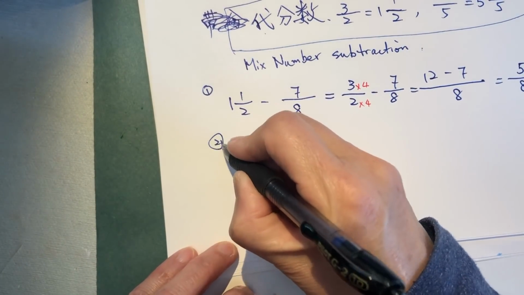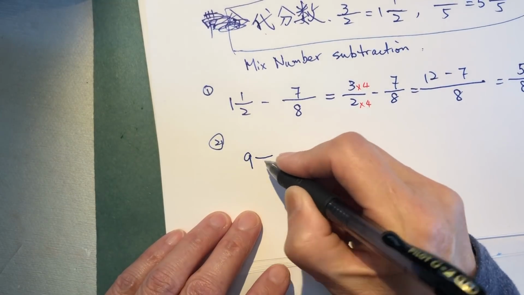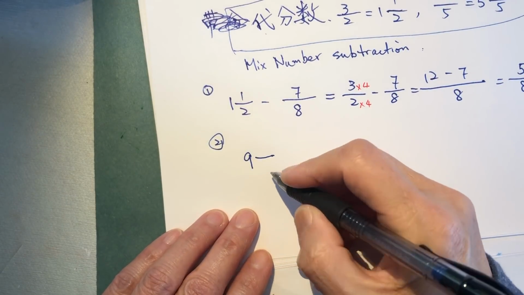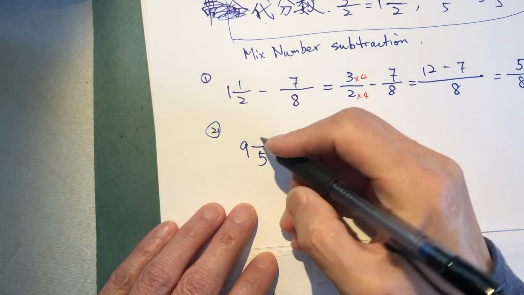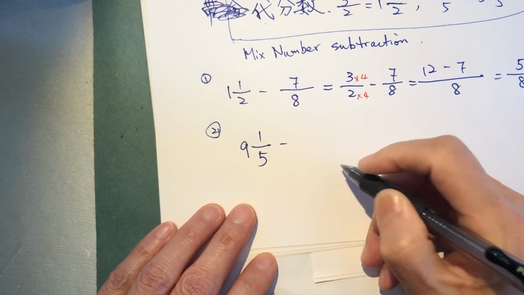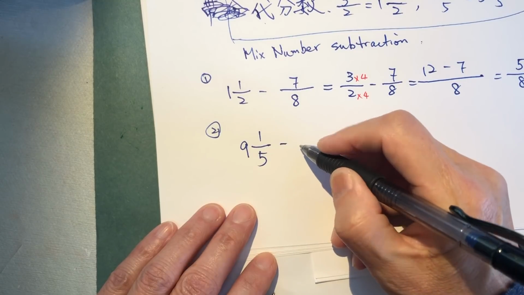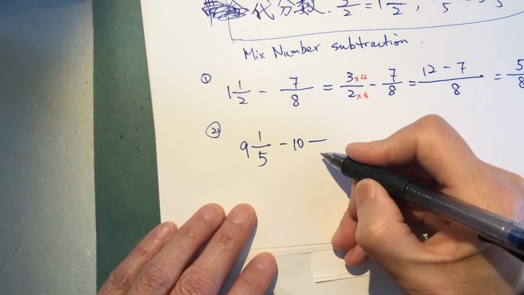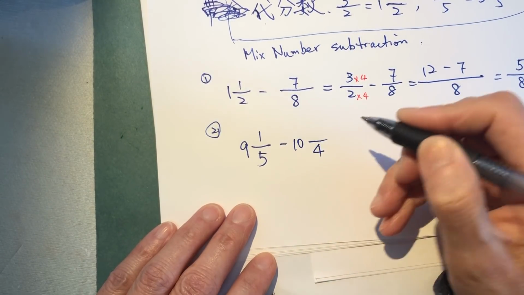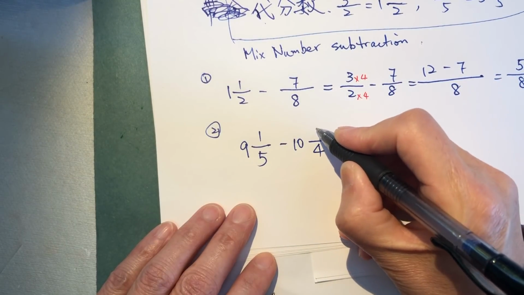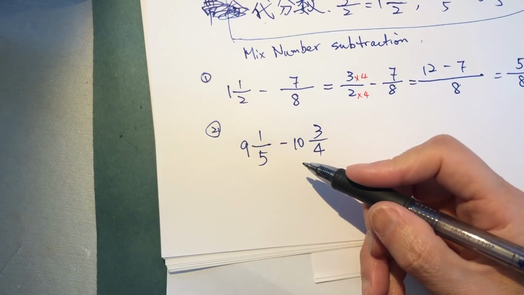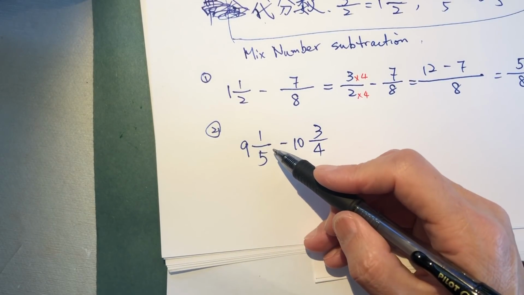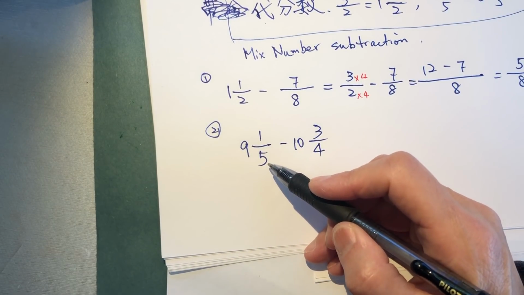The second problem, 9 and 1 over 5 minus 8 and 3 over 4. I still have this Chinese mentality because we say the denominator first.